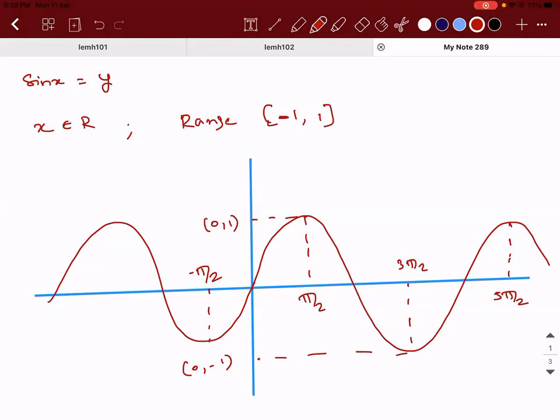If it is mapped from real numbers to real numbers, this is not a one-to-one function, and it is not an onto function. For it to become an onto function, the codomain should be equal to the range.